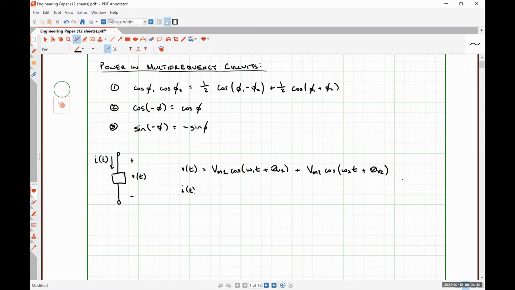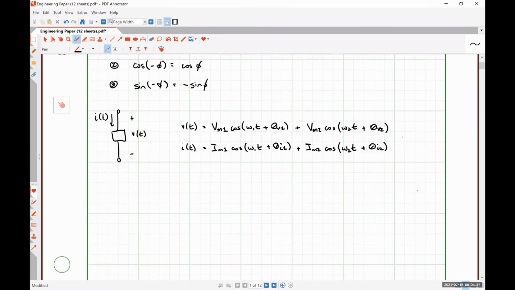And the current will then be of the form Im1 cosine omega 1t plus theta I1 plus Im2 cosine omega 2t plus theta I2.